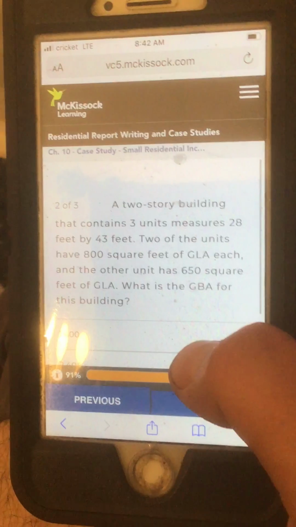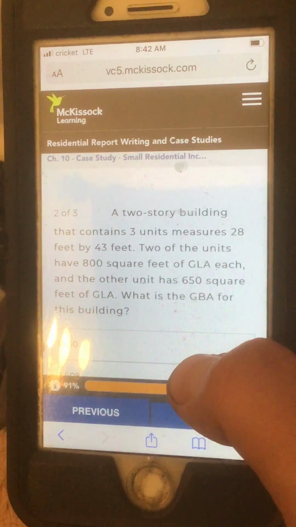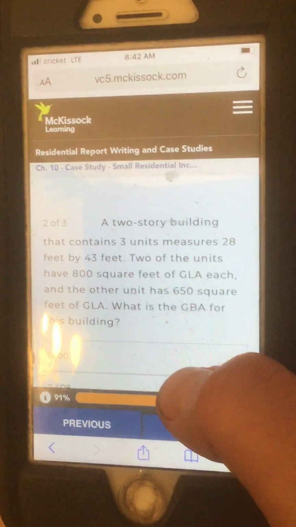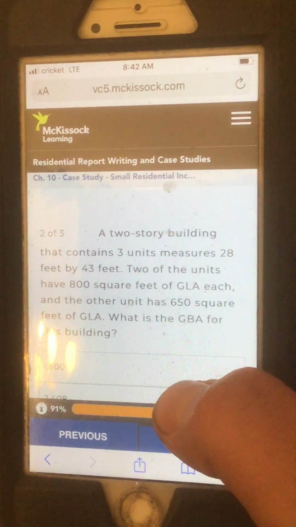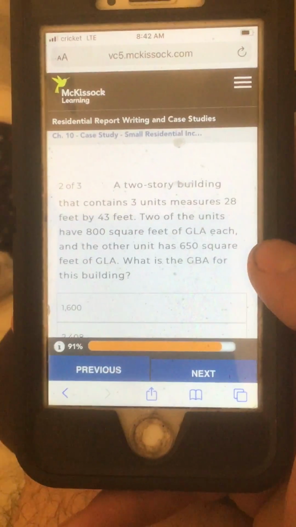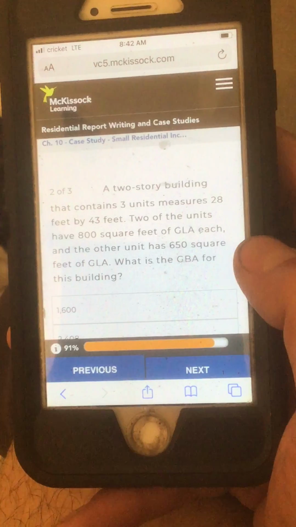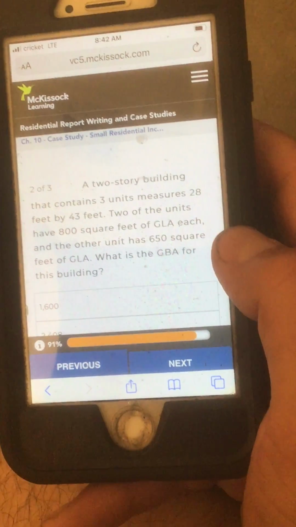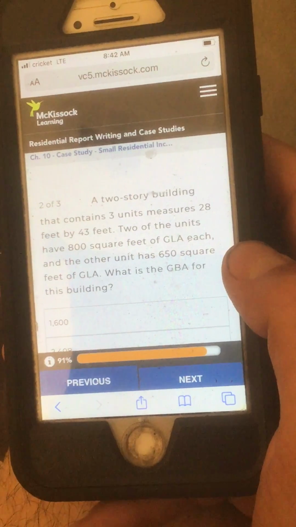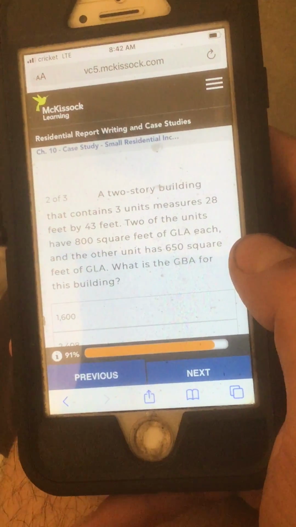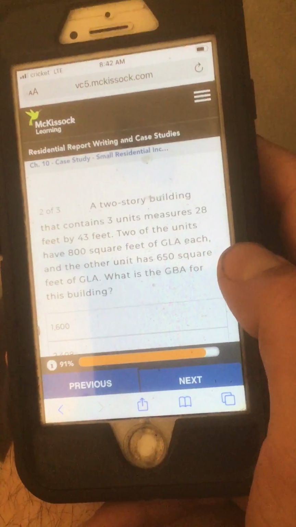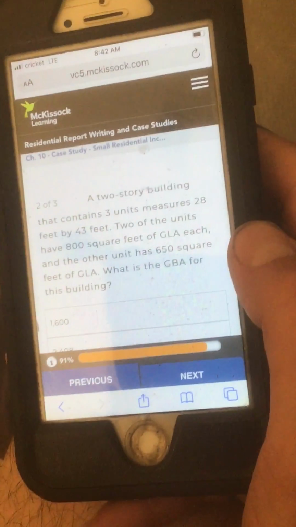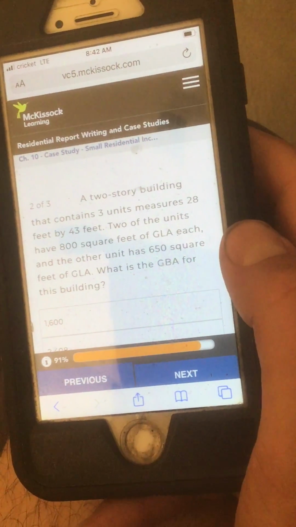Number 2, a 2-story building that contains 3 units measuring 28 feet by 43 feet. 2 of the units have 800 square feet of gross living area each. And the other unit has 650 square feet of GLA.